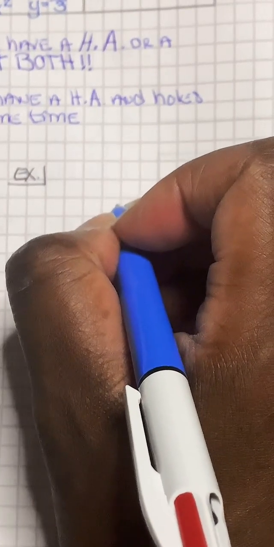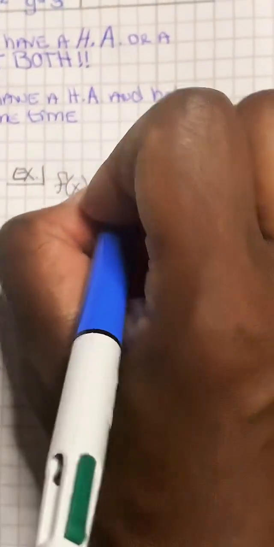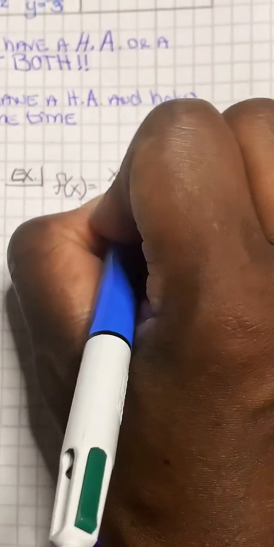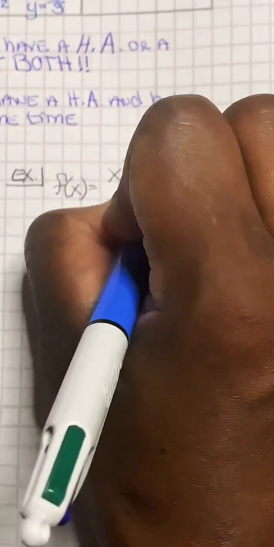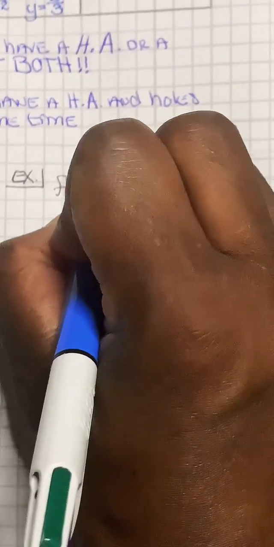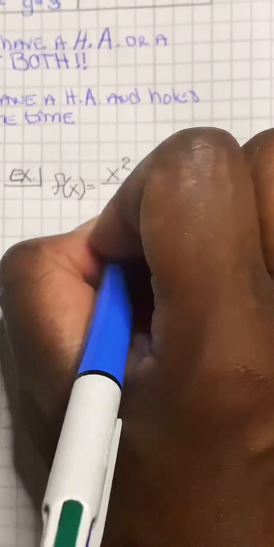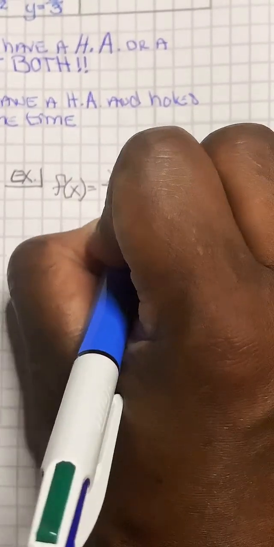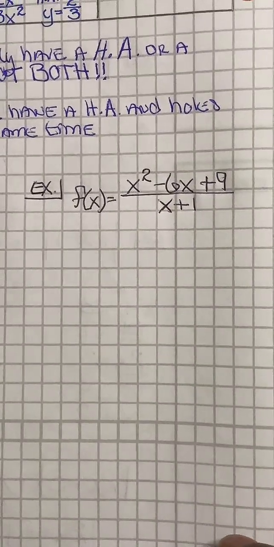Okay, let's try this one. Let's try f of x, which I gotta remember to put down. So f of x equals x squared minus 6x plus 9 over x plus 1.